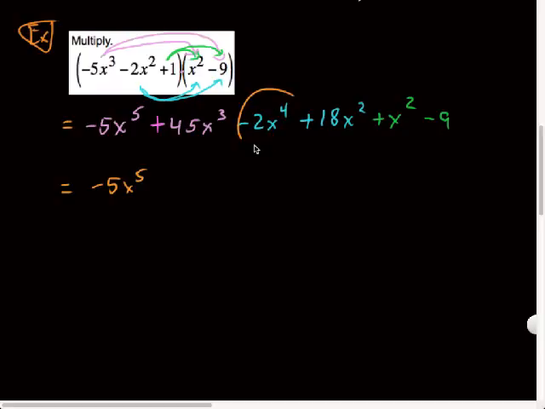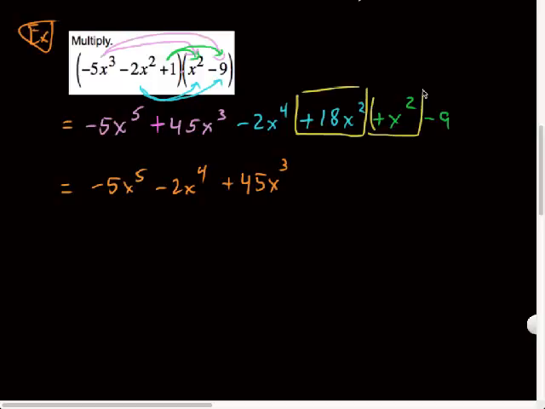So x to the 4th is the next highest degree. It didn't have any friends, so minus 2x to the 4th. x cubed didn't have any friends, so that's positive 45x cubed. And then, oh wait, I think I found some like terms. Friends. 18x squared and 1x squared is going to be 19x squared.